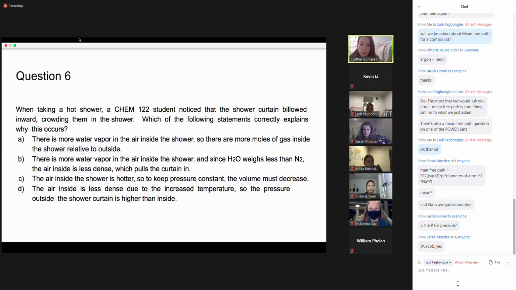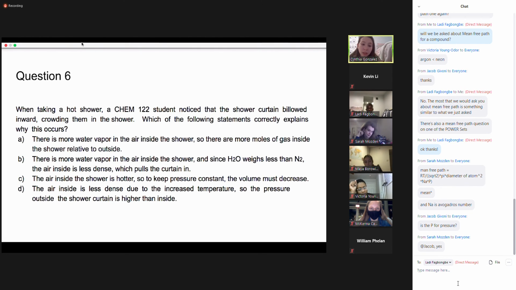We don't really know how much N2 is inside the shower, so we can't really say this. But even if we were to go along with it, because you have more H2O inside, that means you're still hitting with greater frequency and greater force. So we can assume there's also N2 on our side. So we're hitting with more frequency, and so it would again billow out.